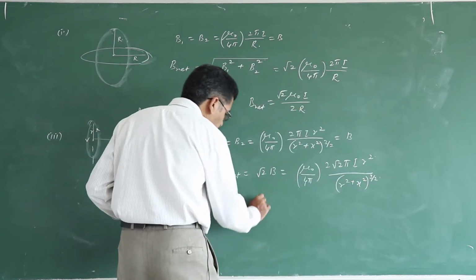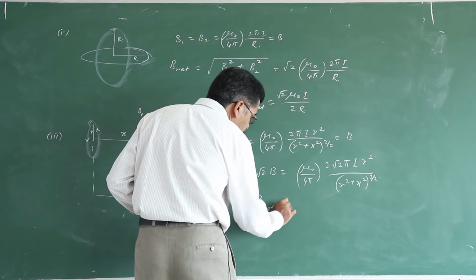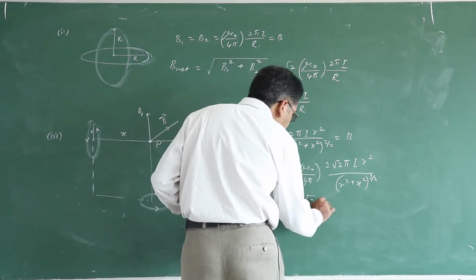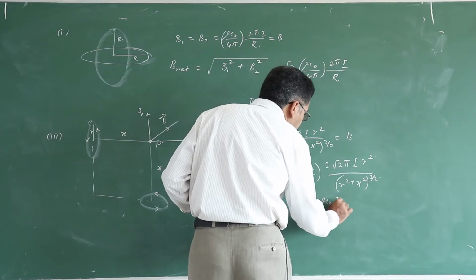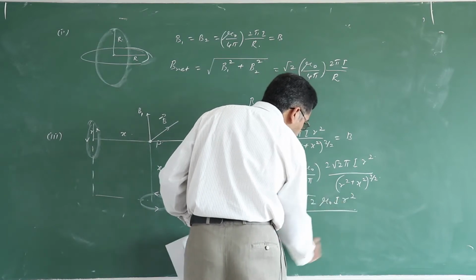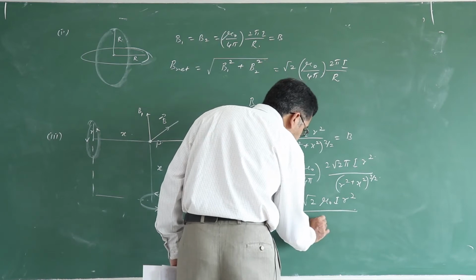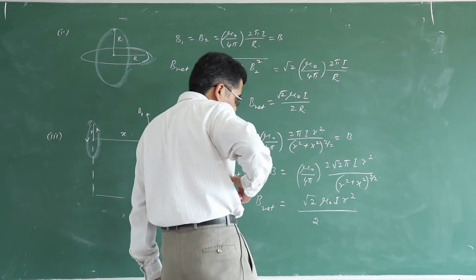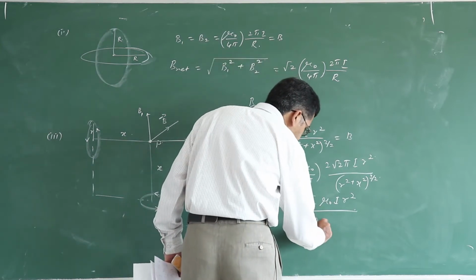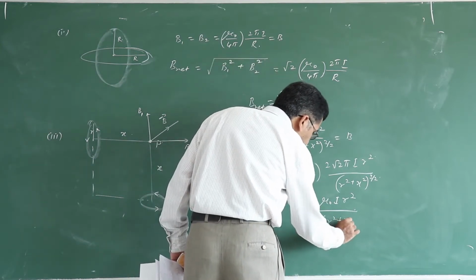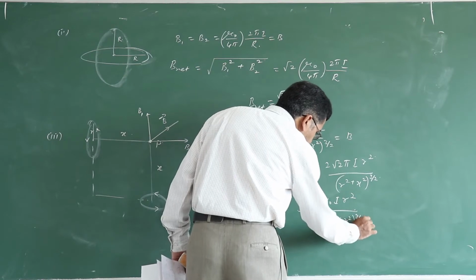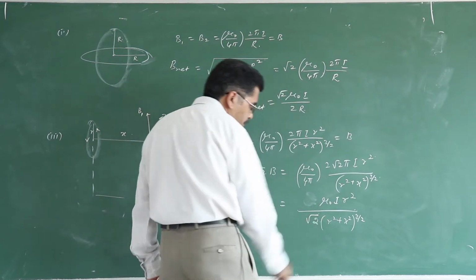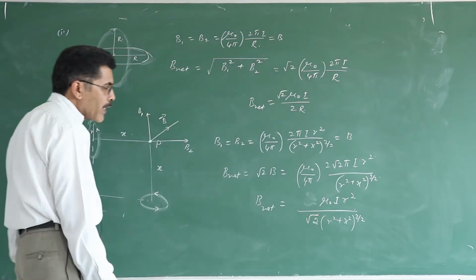Or we can also write it like this: B net is equal to root 2 into mu naught I r square by 2 into r square plus x square whole to the power of 3 by 2.